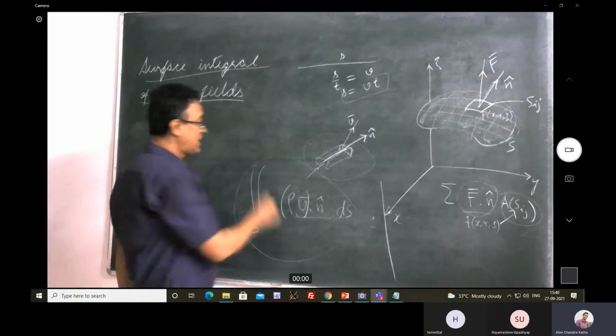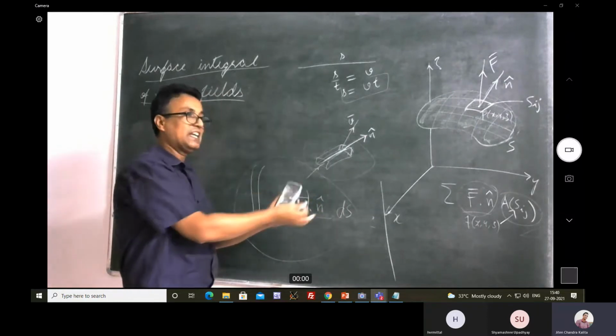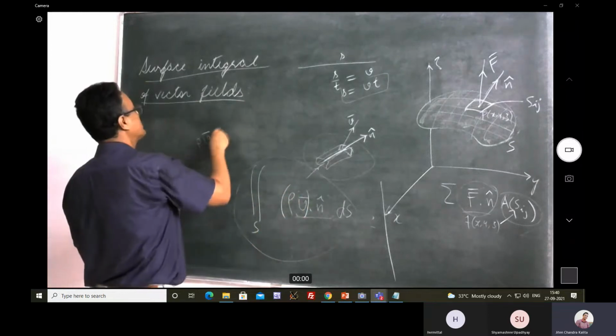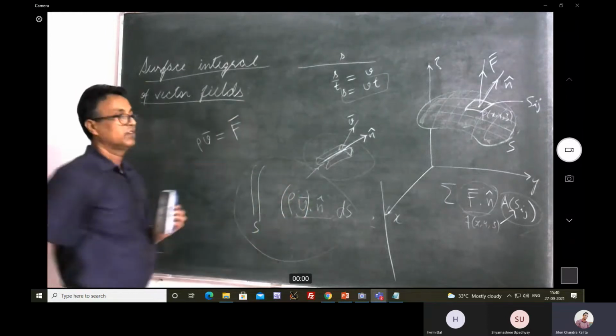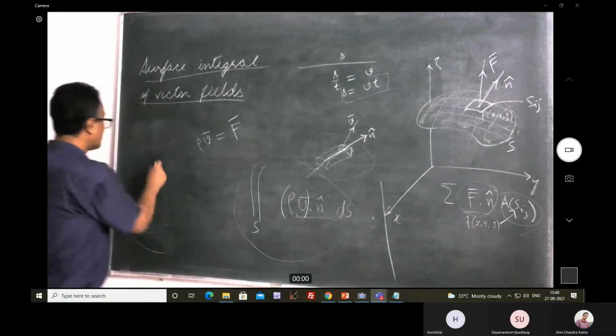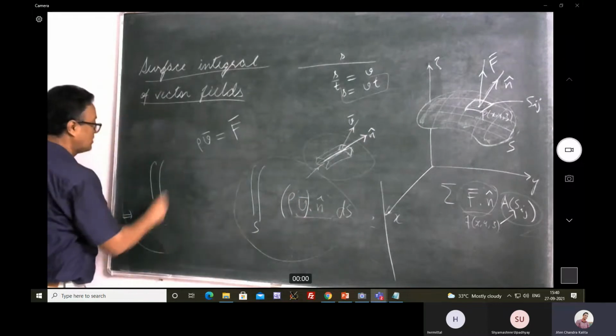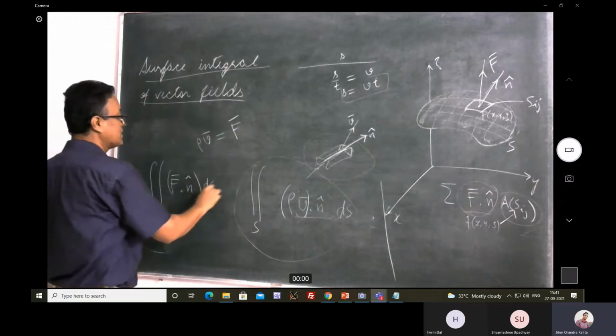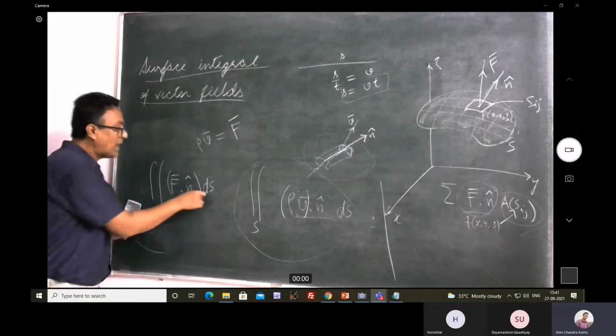So you can bring an analogy to this. If I consider rho v to be simply some vector function f, this is going to represent something like this. And what does it represent?